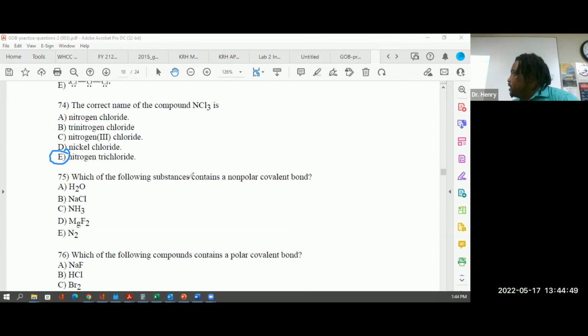Which of the following substances contain a nonpolar covalent bond? H2O, NaCl, NH3, MgF2, N2.